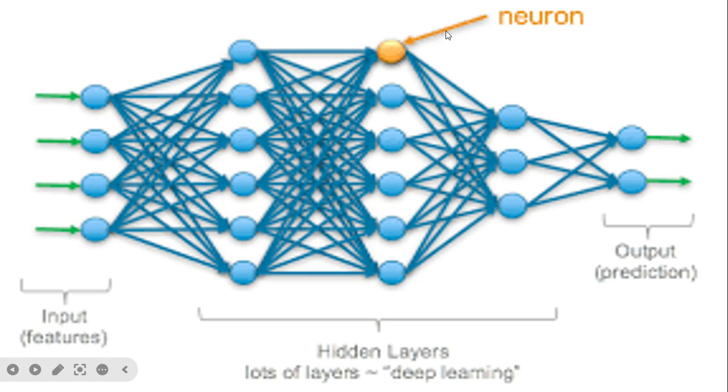Deep learning means learning deeply, for discovering new things from existing things. Okay, we have an output.